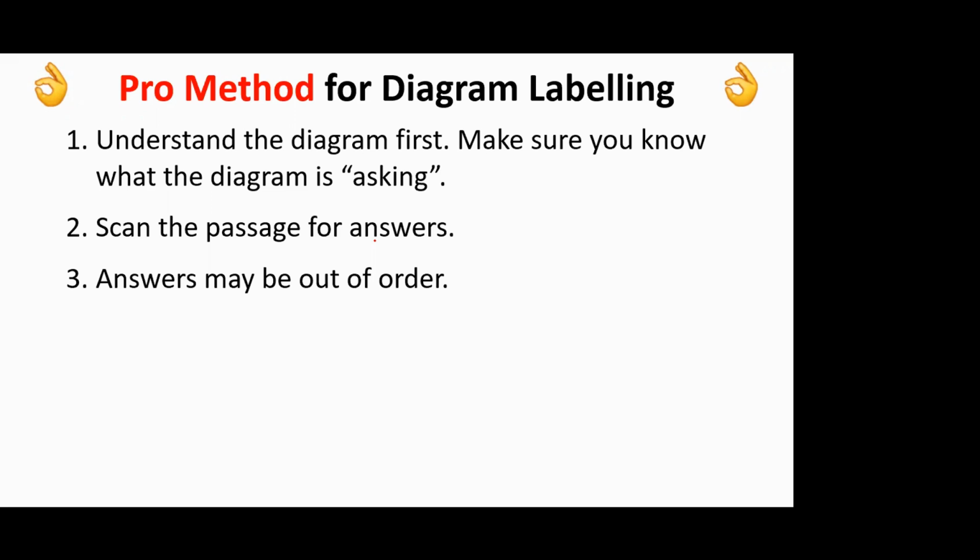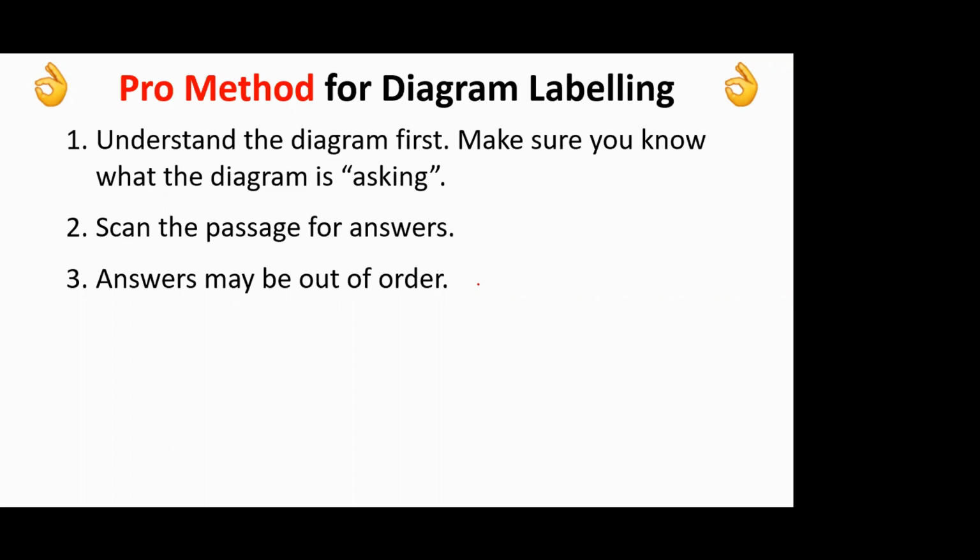That makes it a little bit more tricky, and you just have to have multiple questions in your mind as you're scanning, because you don't know which one is going to come first. But one thing that is helpful with these is that normally for one entire diagram, all of the answers will be in a pretty contained area of the text passage.